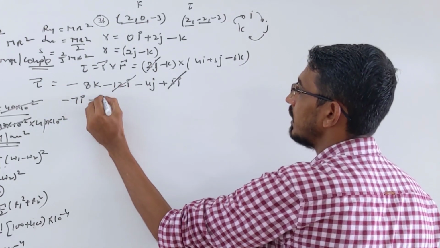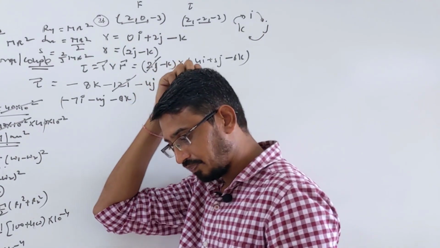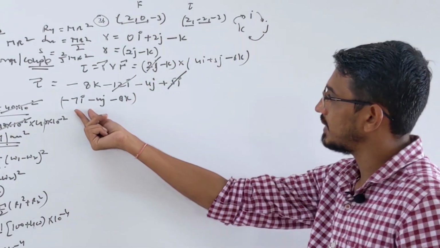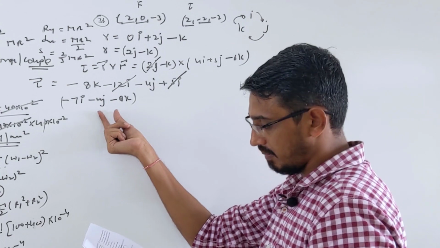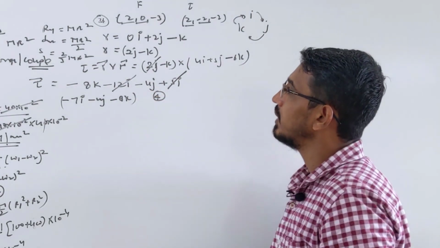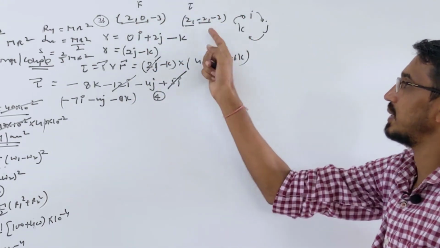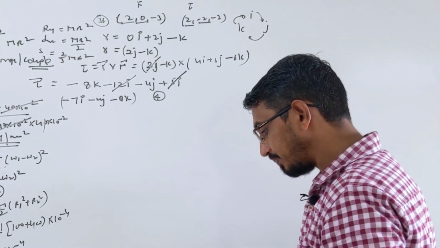Then minus 4j, then minus 8k, that is your torque. So let's check. This is matching minus 7i, minus 4j, minus 8k. That's matching your fourth option. Fourth option is correct here. Okay, so it's important, force and torque: start from force, go to here. So this minus that, you have to write proper distance.